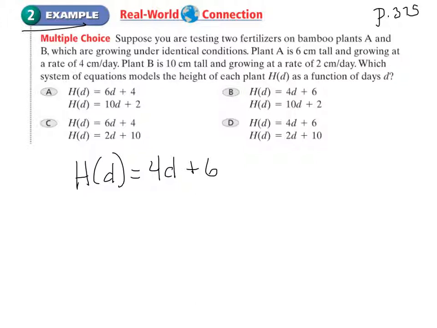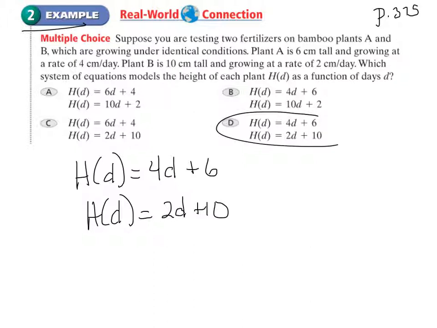So we know it's 4d plus 6. Our second plant grows at a rate of 2 centimeters per day, and it's already 10 centimeters tall. So that would be 2d plus 10. So my correct answer, 4d plus 6 and 2d plus 10, would be D. D is the correct answer.